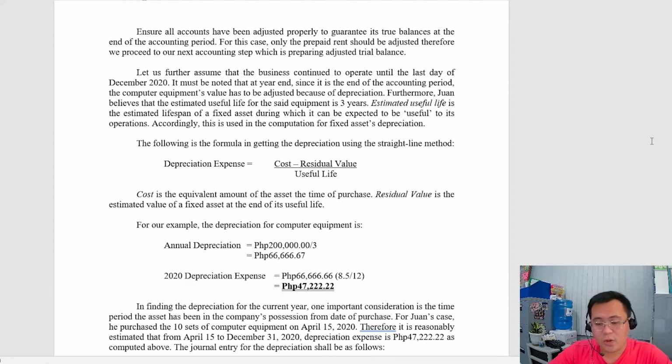Okay? So to prorate it, the annual depreciation for 2020, you have to multiply it by 8.5 months all over 12, because in 1 year there are 12 months. Therefore, the depreciation expense for 2020 is 47,222.22. Okay? So I hope it's clear.